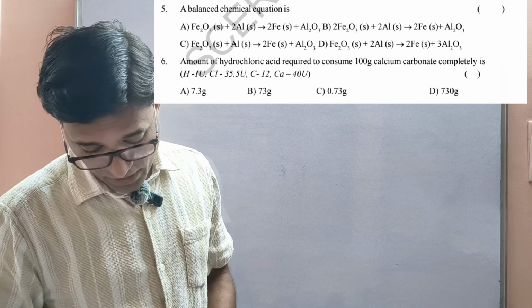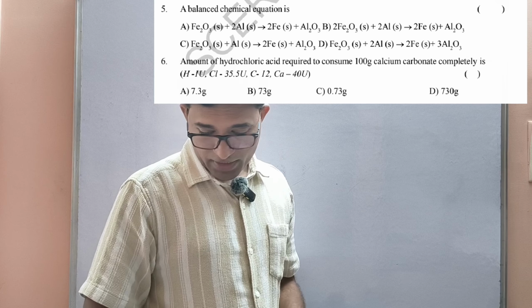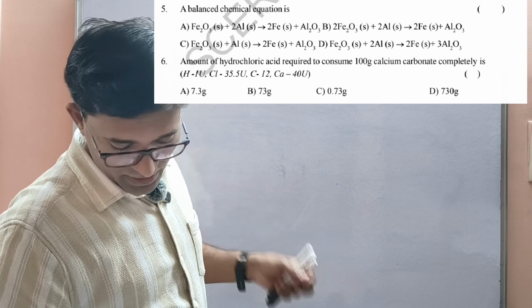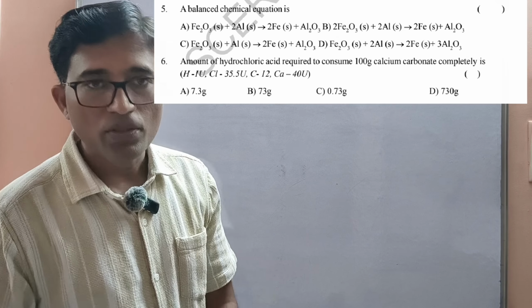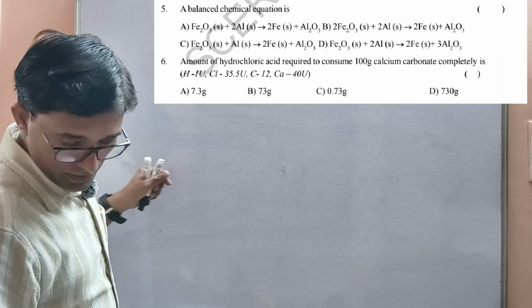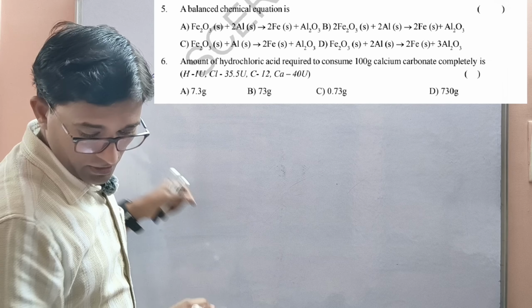Now the fifth question is: a balanced chemical equation is, options were given. I will write the question because I have to solve this on the board. Fifth question: a balanced chemical equation is.